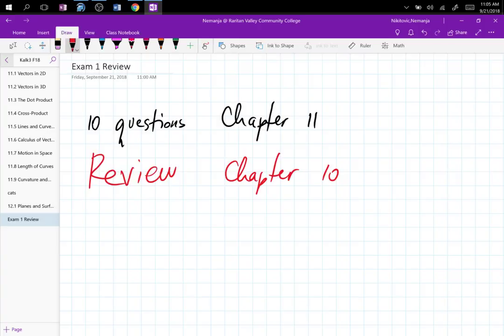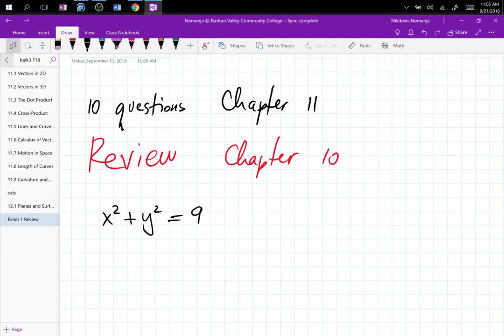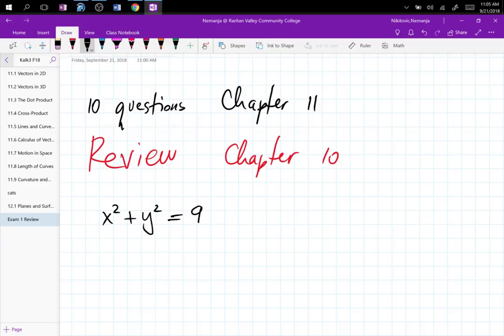And obviously, when we talked about the vector valued function r, that's just a set of parametric equations. We talked about having a circle written as x squared plus y squared equals, let's say, 9. Then we also said you can write it as a parametric set of x equals 3 cosine theta or t, and y equals 3 sine theta.